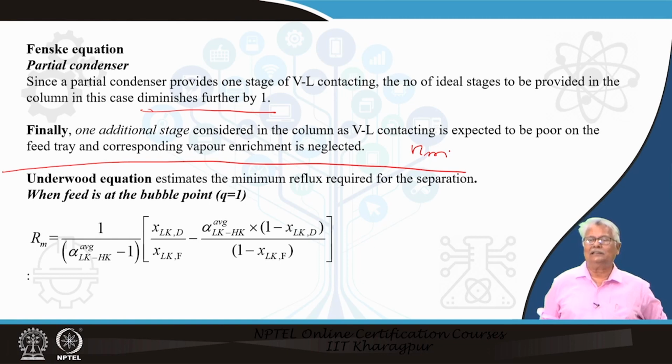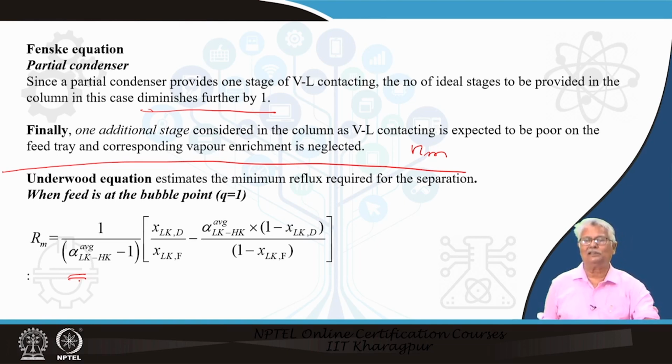So, quite naturally the expression of Rm, which is given by the under root equation, would contain parameters related to the feed and parameters related to the distillate as well, and certainly the equilibrium will be represented by the alpha term. So, we can appreciate very well why these terms appear in the expression of Rm.